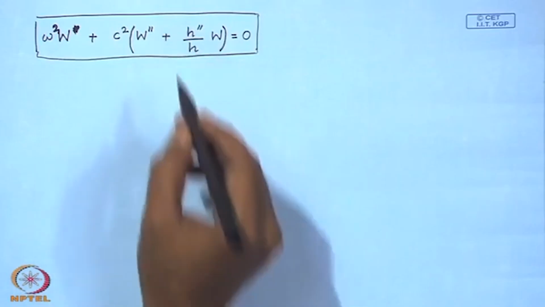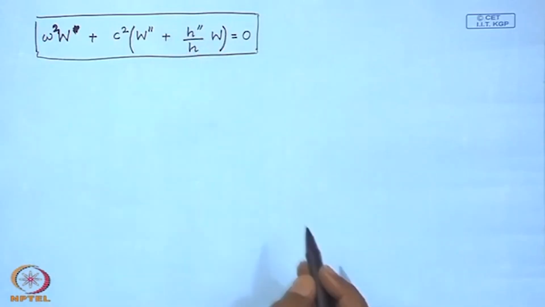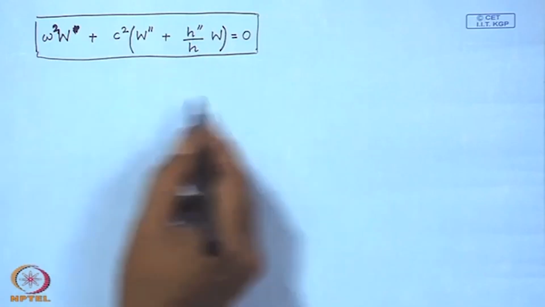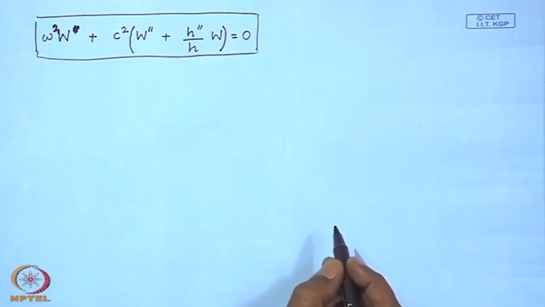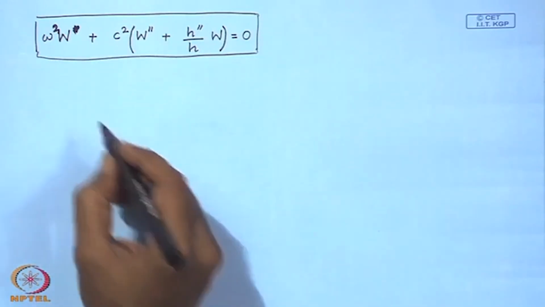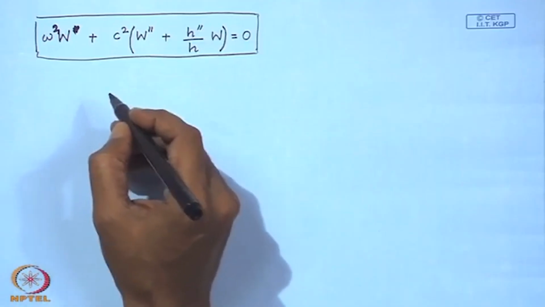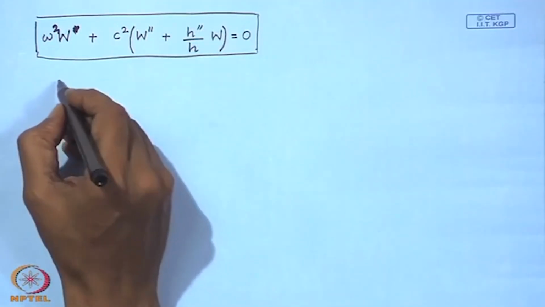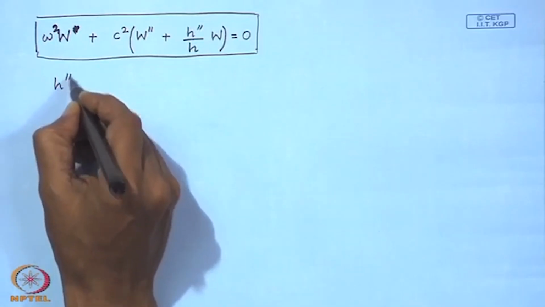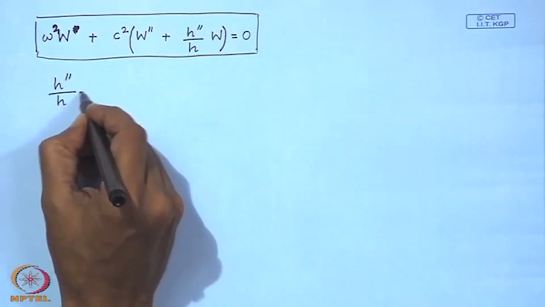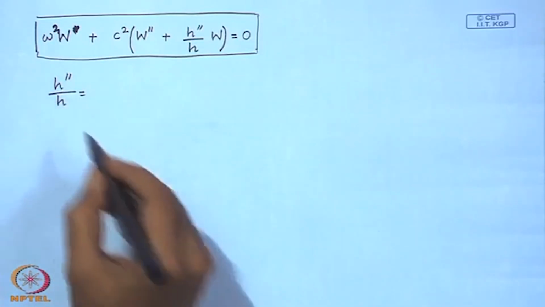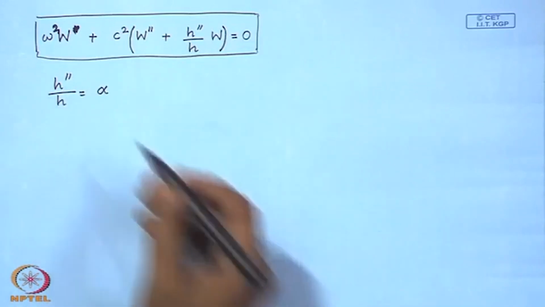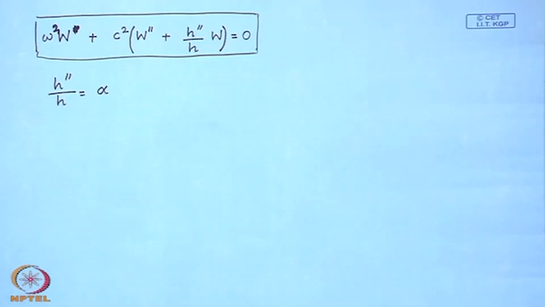Now, for a special choice of this function h, this differential equation can be expressed in a very familiar or very simple form if h double prime over h is a constant, let us say alpha, where alpha could be a positive or a negative constant.